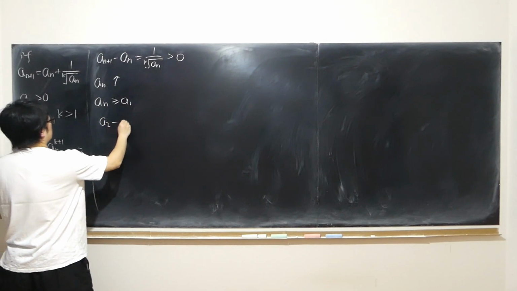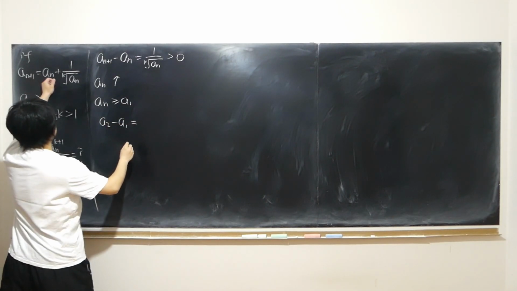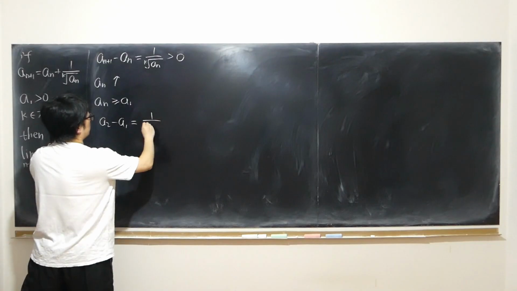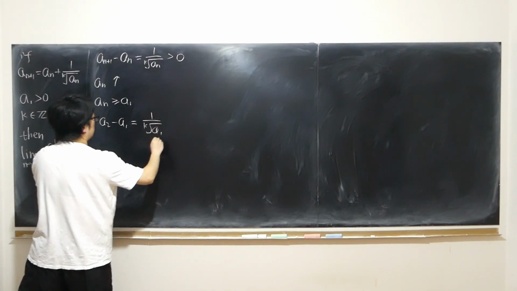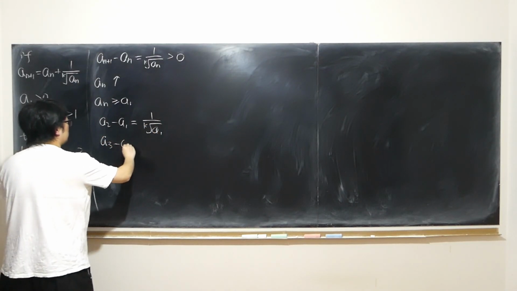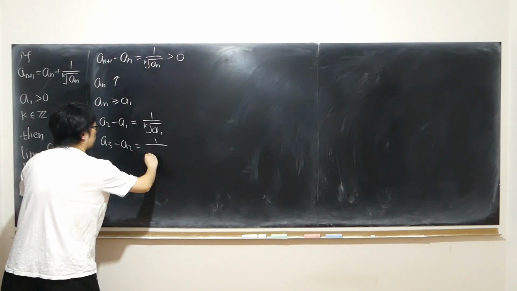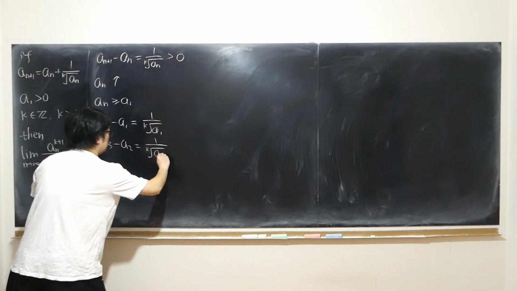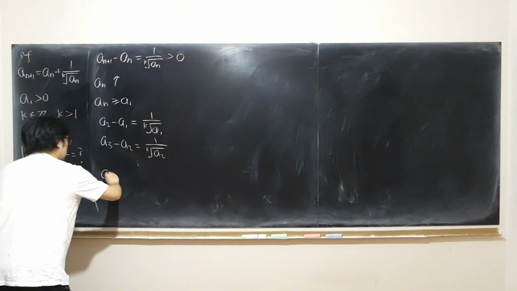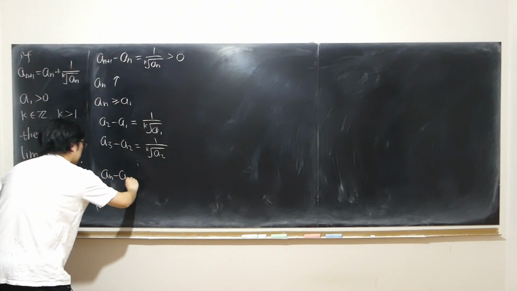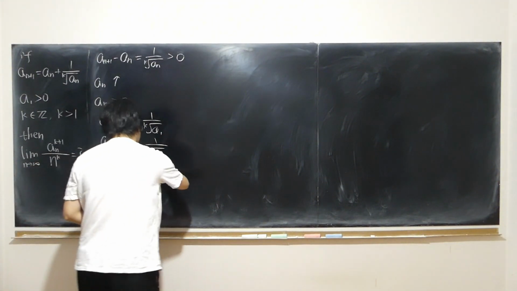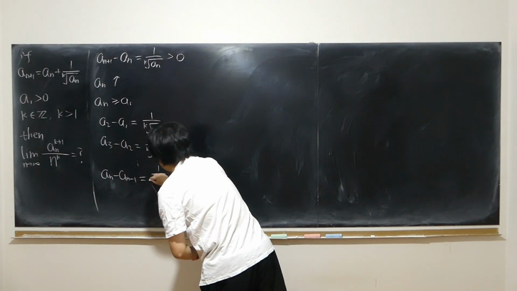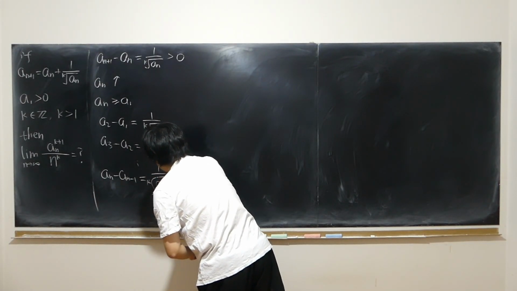Because according to this, a_2 minus a_1 is equal to 1 over the kth root of a_1. a_3 minus a_2 is equal to 1 over the kth root of a_2. a_n minus a_{n-1} is equal to 1 over the kth root of a_{n-1}.